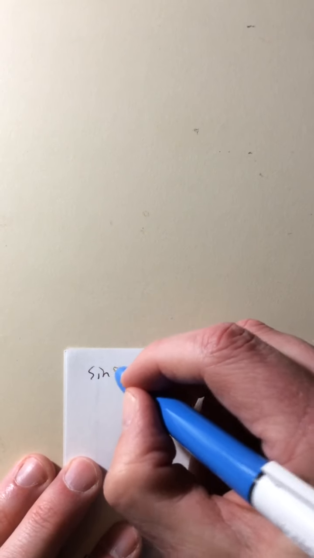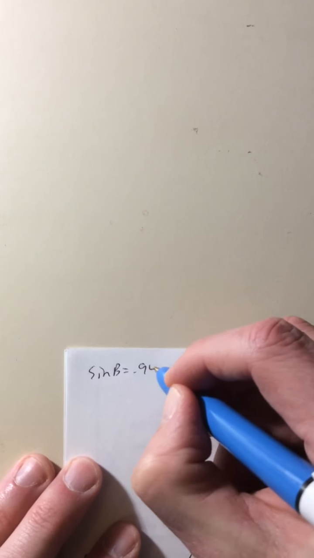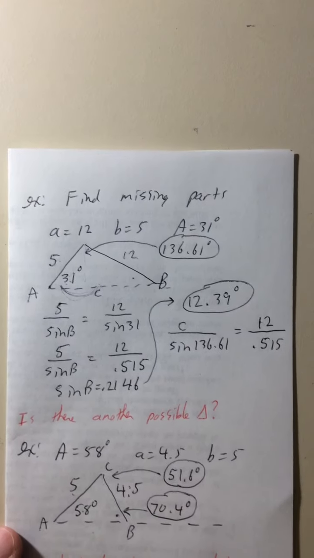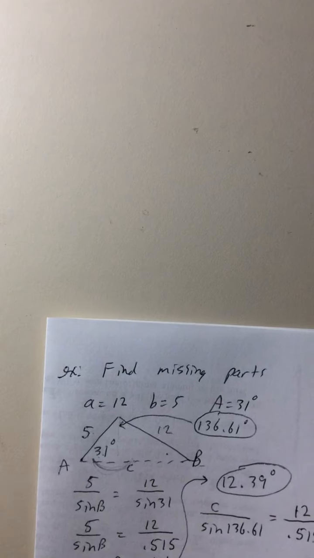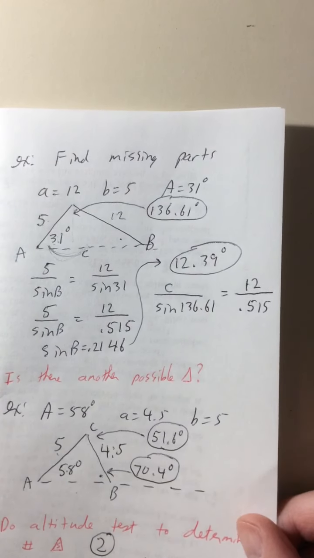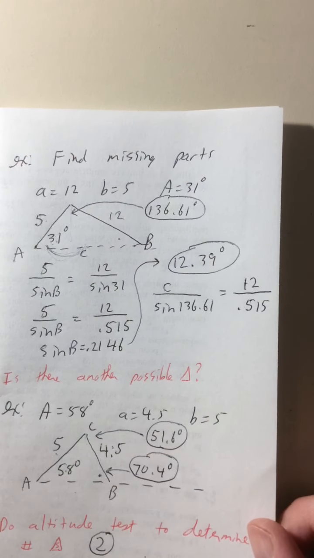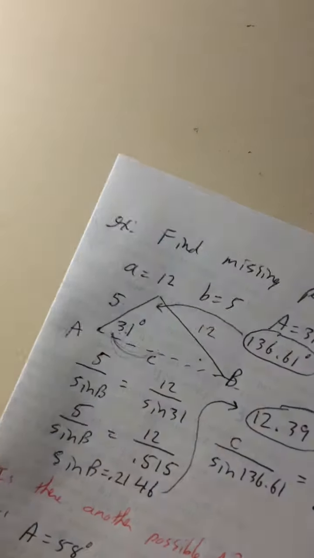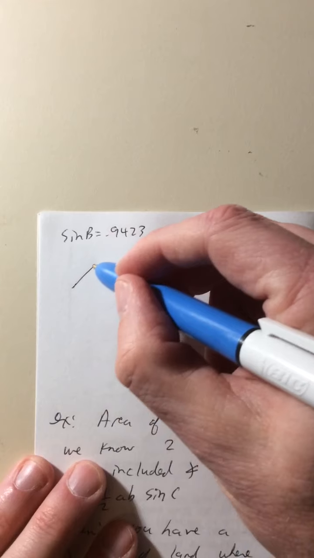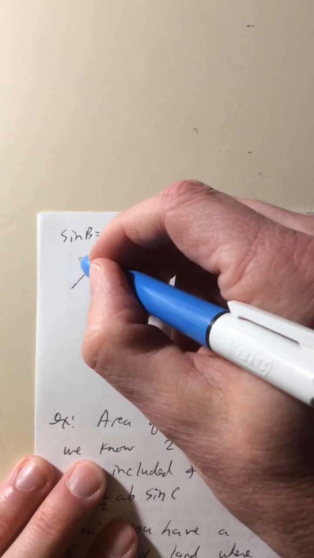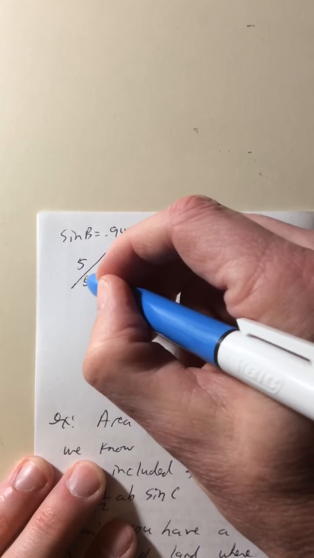Which turned out to be how many degrees? 70.4 degrees. We're going to use that in just a moment. And we're going to have our same diagram here. So we got 5, 4.5, 58 degrees.